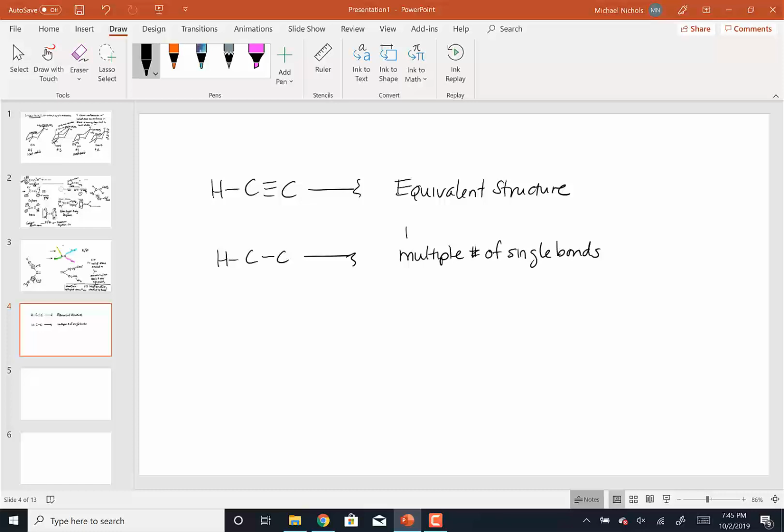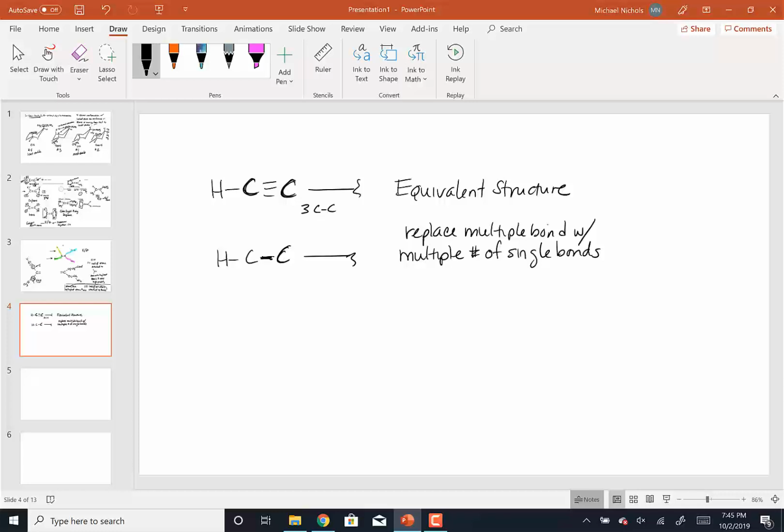I'm going to replace the multiple bond with a multiple number of single bonds. What does that mean? Let's take a look at this carbon right here. That carbon is attached by a triple bond to another carbon. That means it needs to have 3 CC single bonds.